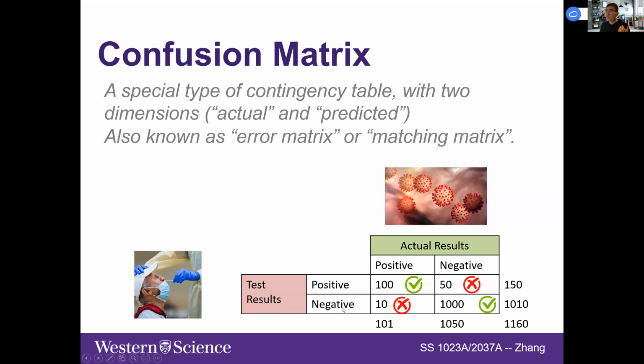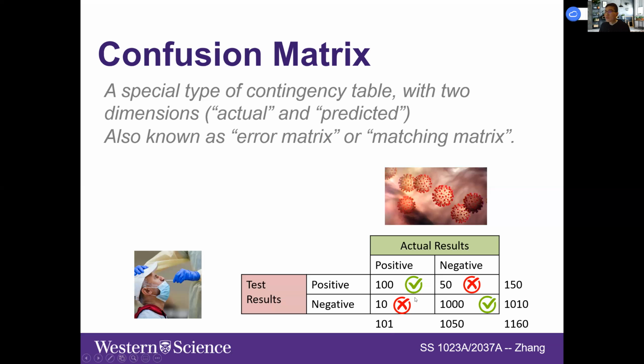And if both our test and the actual results agree, then this cell is a correct cell. So as you can see, we classify our cells as either correct or incorrect.